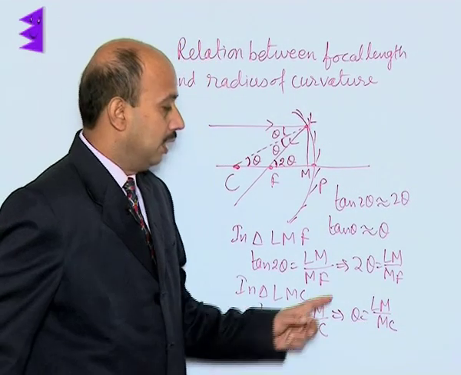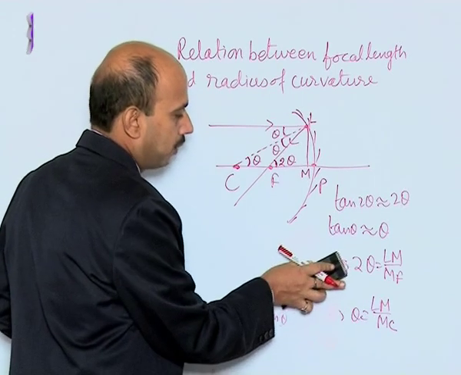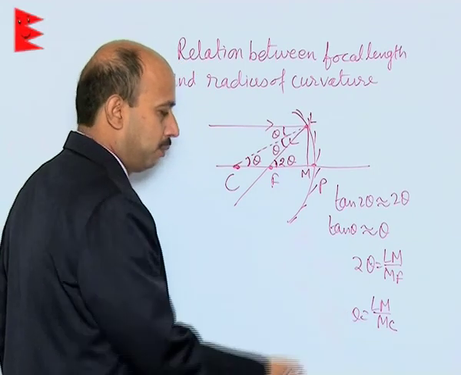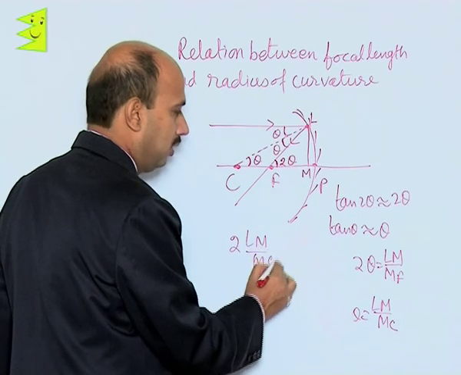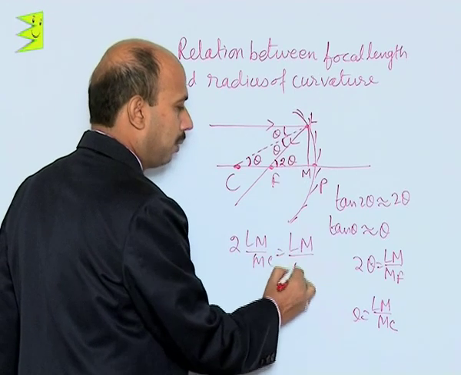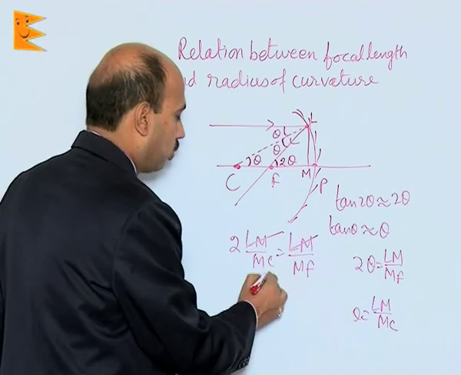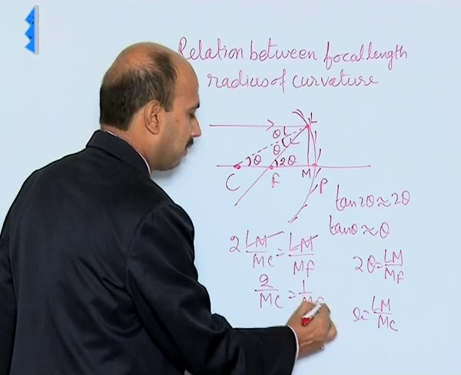Now, we can equate these two and solve. In place of theta, I am putting this value here. So, twice of LM upon MC is equal to LM upon MF, this LM cancels. So, twice of 1 upon MC is equal to 1 upon MF.